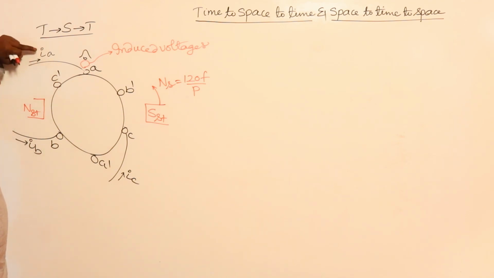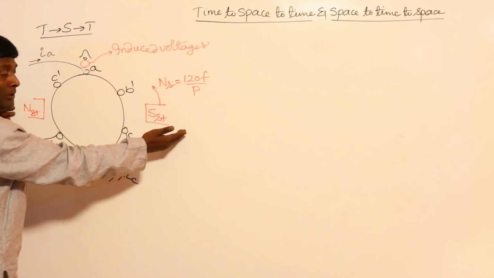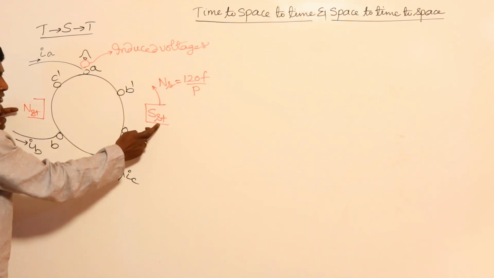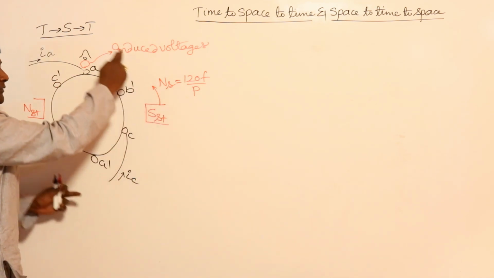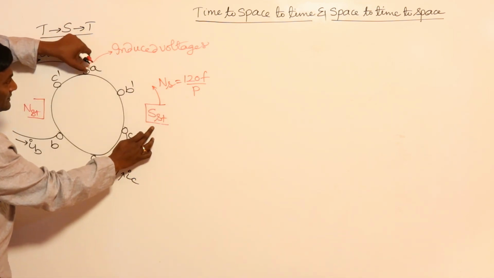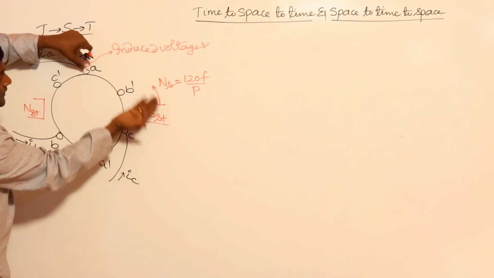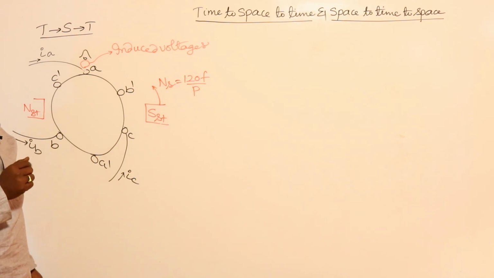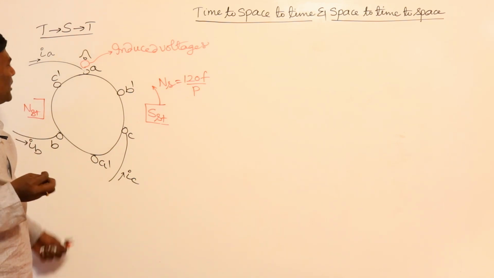So in time, for example, if you wait for 90 degrees in time, my resultant MMF will be rotated by 90 degrees in space. As of now it is here, after 90 degrees it will come to here. As of now induced voltage here will be zero, after 90 degrees induced voltage is going to be maximum, so zero to positive maximum in 90 degrees. So what is the logic here? Very simple.